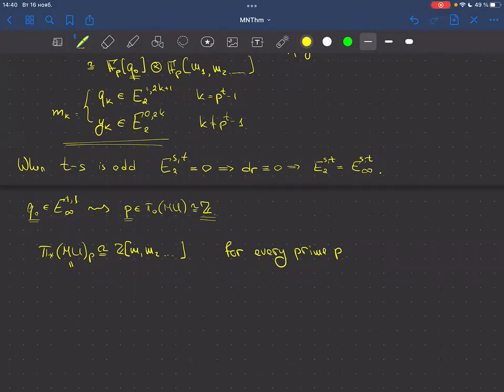And since we have such an isomorphism for each p, and since MU is a spectrum of finite type, this implies that pi_* of MU itself is a free graded abelian group.